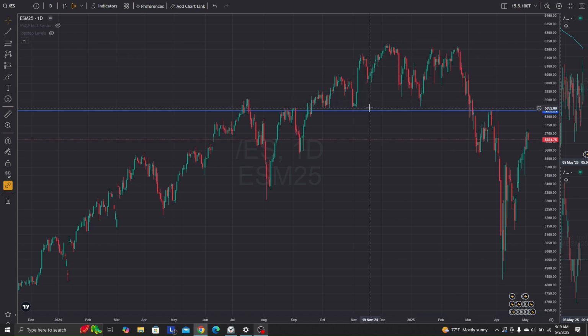These 5800 levels, 5850, 5835, this area was made into a support and is also resistance here. So maybe we'll draw here another line to indicate that next level of support. We've got to go over this lower high, higher low, whatever you want to call it here.